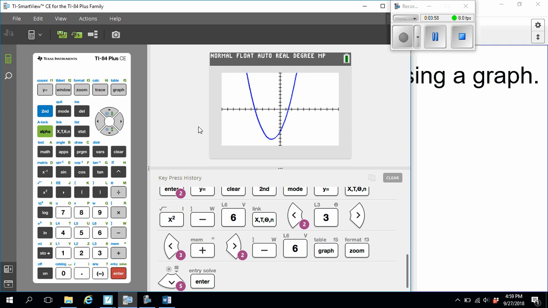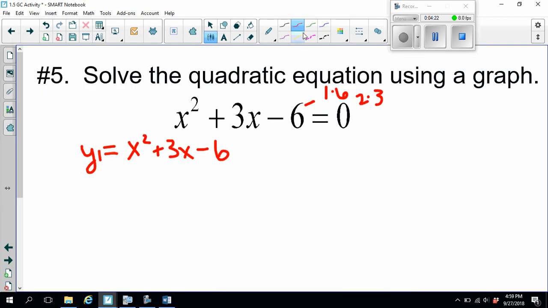Okay, now the next thing to show work here is we do have to sketch this graph. So notice kind of where the x-intercepts are. One of them, if we count 1, 2, 3, 4, is between -4 and -5. Our other one's between 1 and 2. So when we sketch this graph, we're going to have it just in between those 2 values. I'm going to do this with our blue here. So we have 1, 2, I'm just going to do 3 on this side.